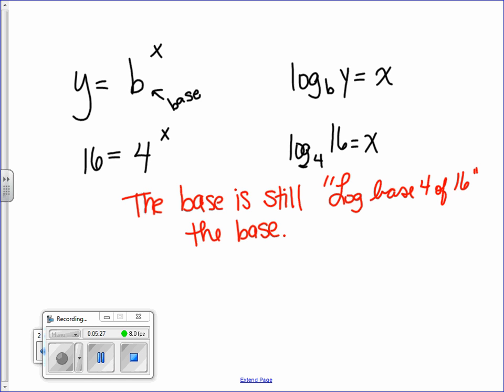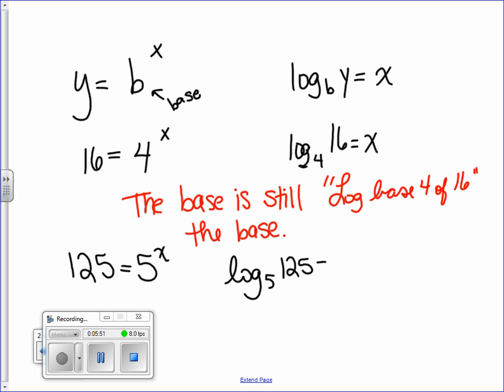So let's do some real numbers. Let's say we have 125 equals 5 to the x. Now I want to change this to a log. Let's say log base 5 of 125 equals x.